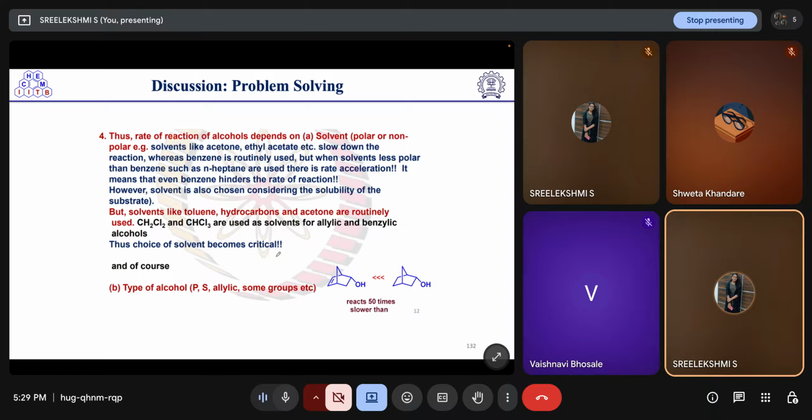Then, as we said, the type of alcohol also controls the rate of the reaction. Primary, secondary, allylic. Allylic and secondary alcohols will be more quickly reactive than primary alcohols.